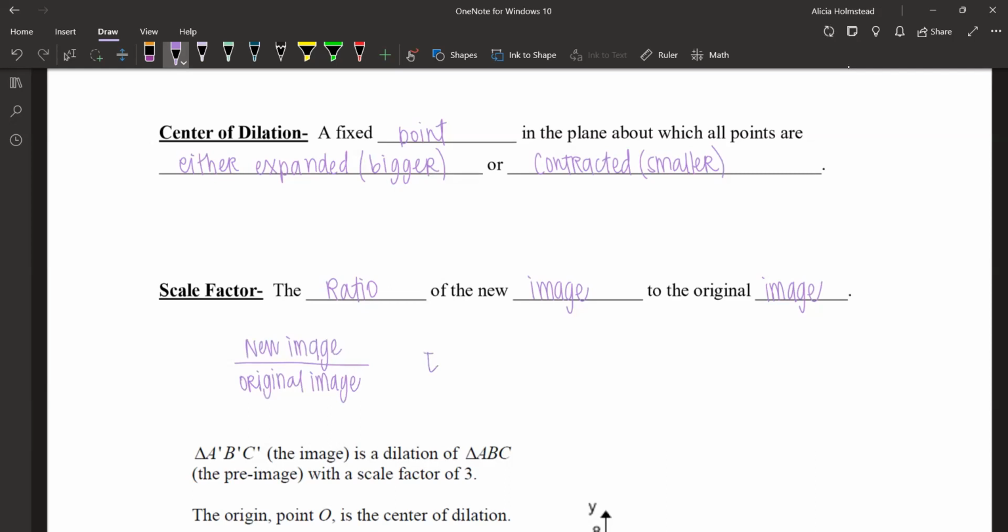So for example, let's say that our original image was a triangle where this side length is 2, and our new image would then be a similar triangle where this side length is 4. Then to find the scale factor, we would take the 4 from the new image divided by the 2 of the original image, and we would find that 2 is the scale factor. So it's the factor by which the image grows.